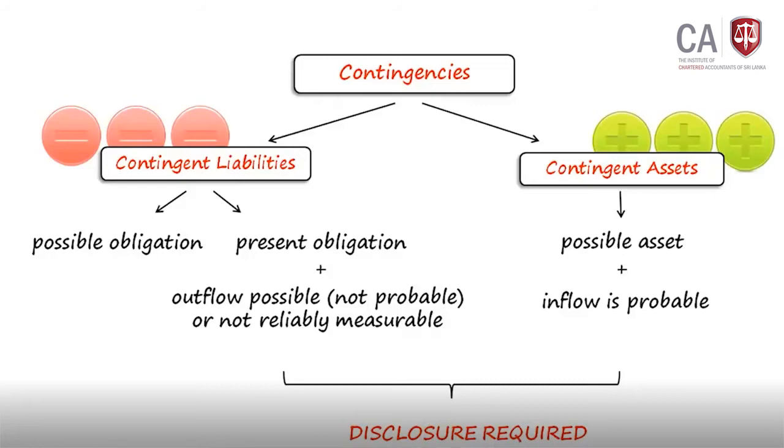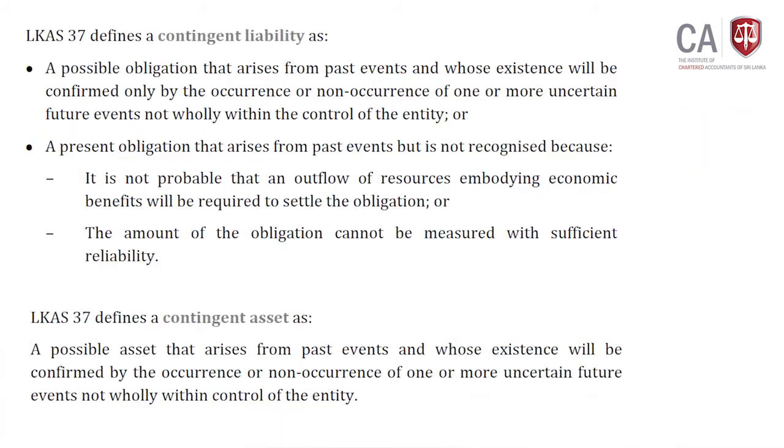For contingent assets, the receivable is not virtually certain, and it depends on one or more uncertain events, outside the control of the entity. Therefore, nothing will be recognized in the books for contingent liabilities and contingent assets.